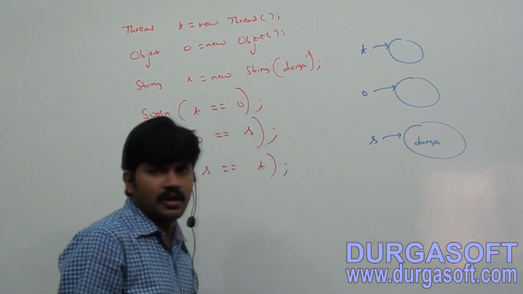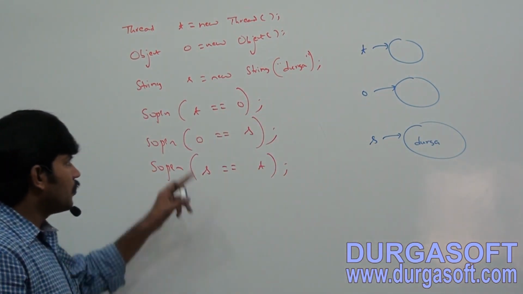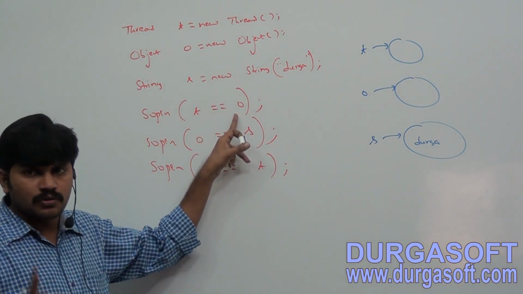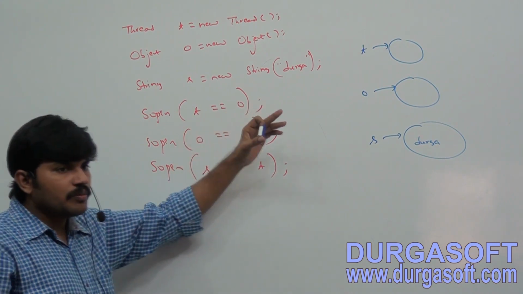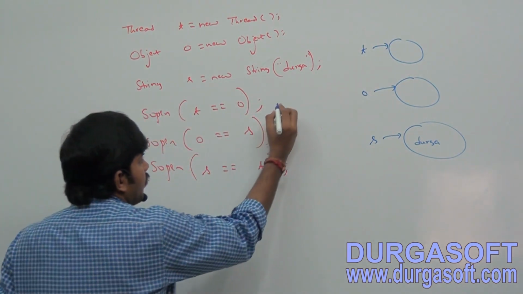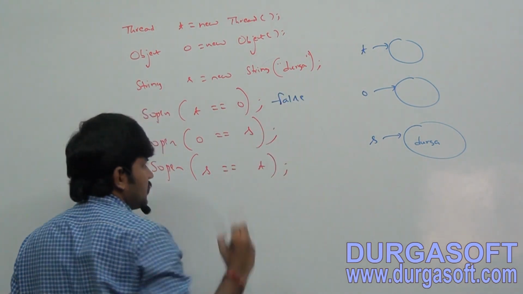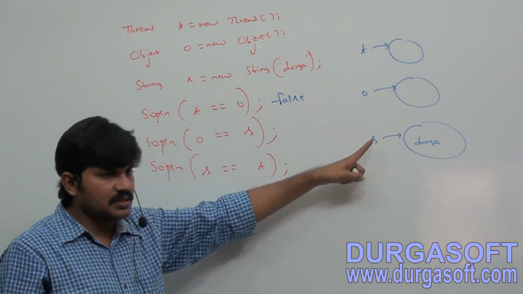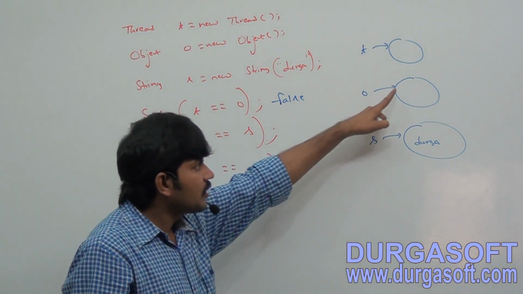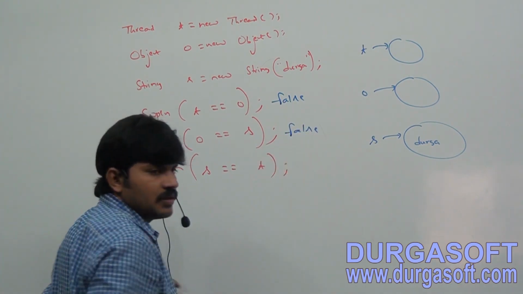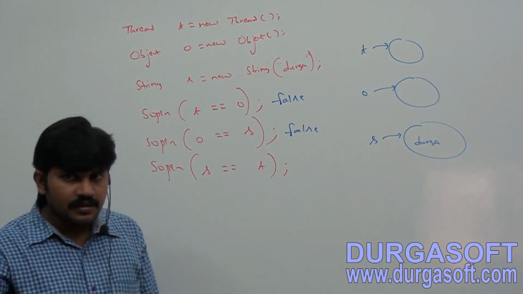Now t double equal to o: both are not pointing to the same object, that's why false is the answer. o double equal to s: both are not pointing to the same object, so false is the answer. s double equal to t: what will happen?